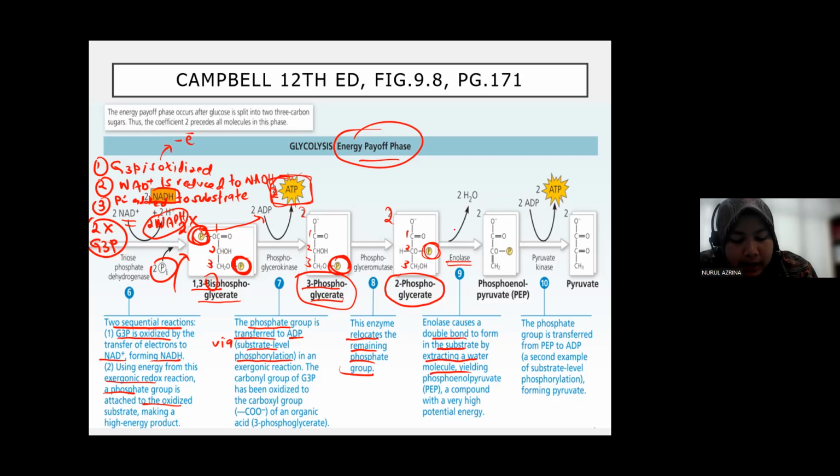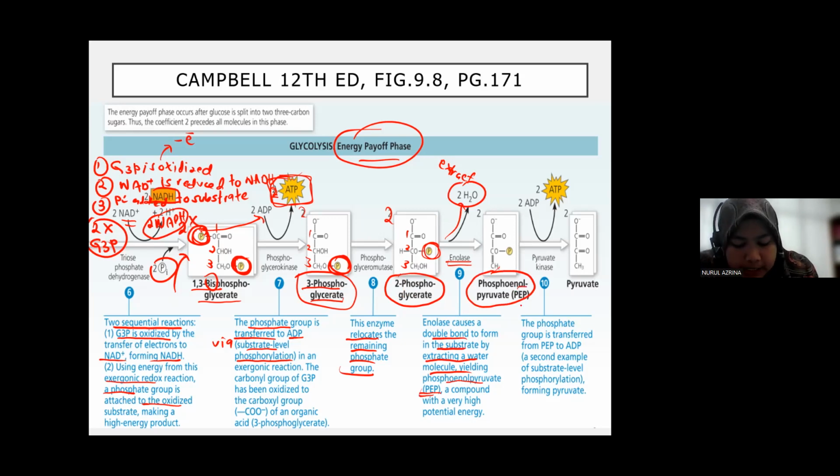Extraction means molecule air will be extracted, dibuang. Maksudnya kita ambil keluar air daripada molekul 2-phosphoglycerate and form phosphoenolpyruvate, which is PEP. It has very high potential energy.